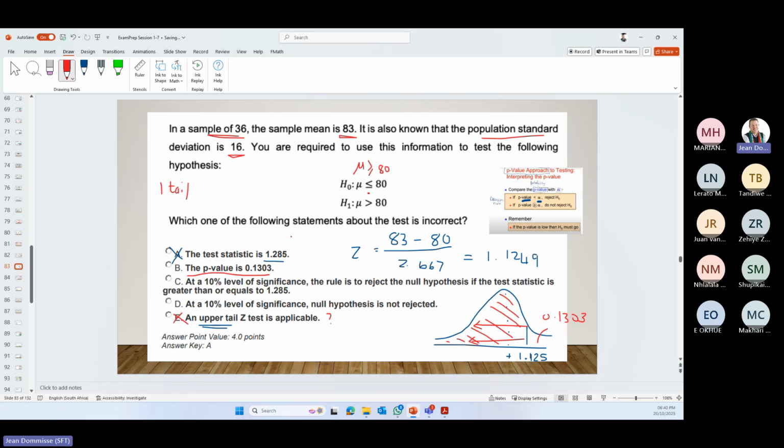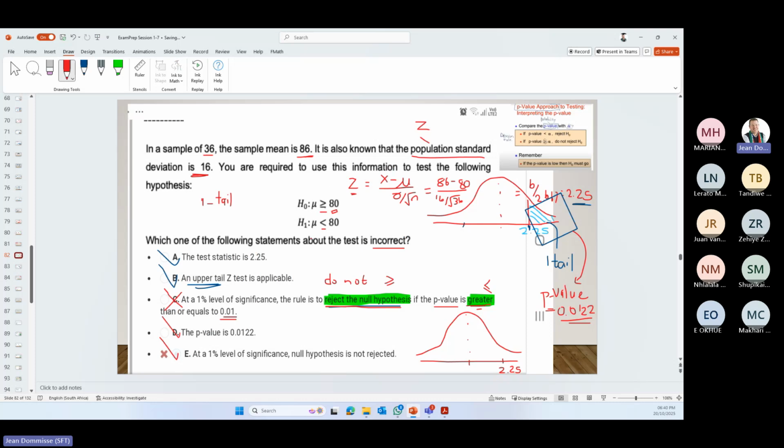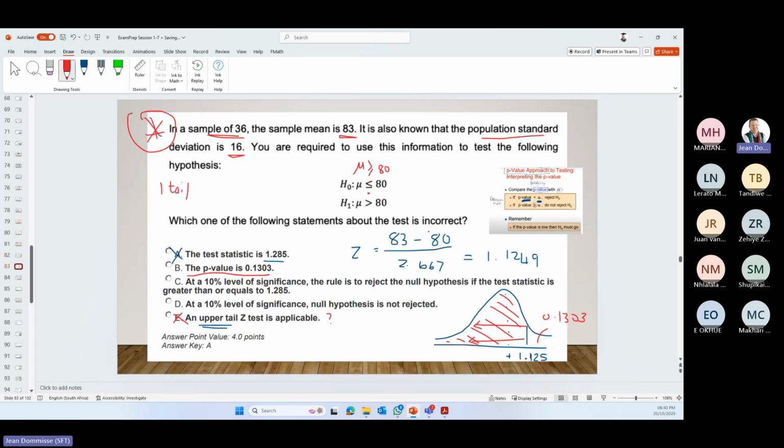I think again they were probably too clever and tried to make too many changes instead of just changing the numbers. Or they should have said which one is correct.